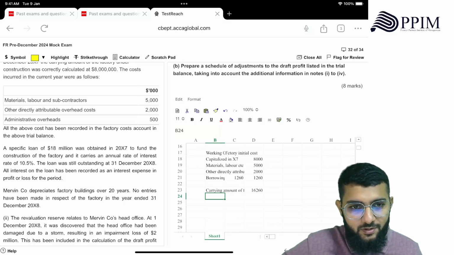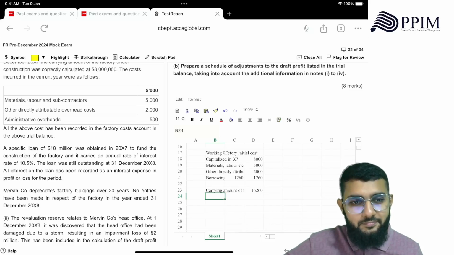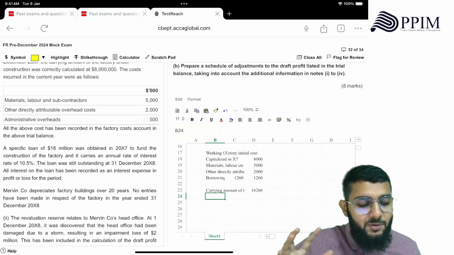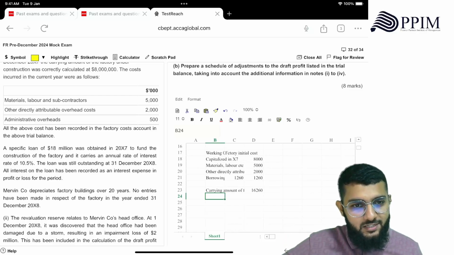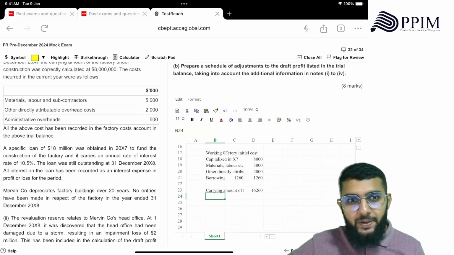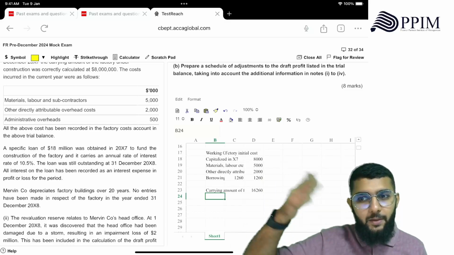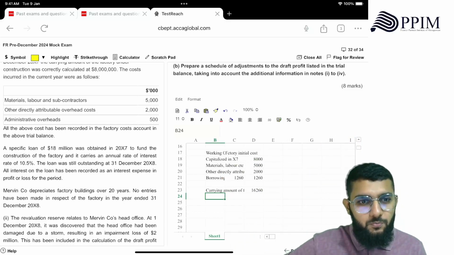Don't assume. They're just speaking about profit or loss only. You can capitalize and you can expense also. They would have capitalized, they would have expensed also. Never know.